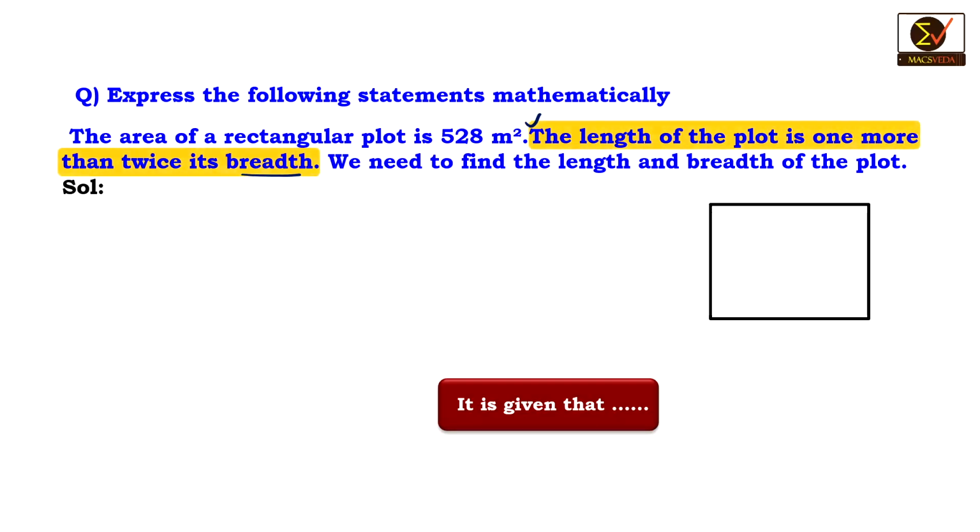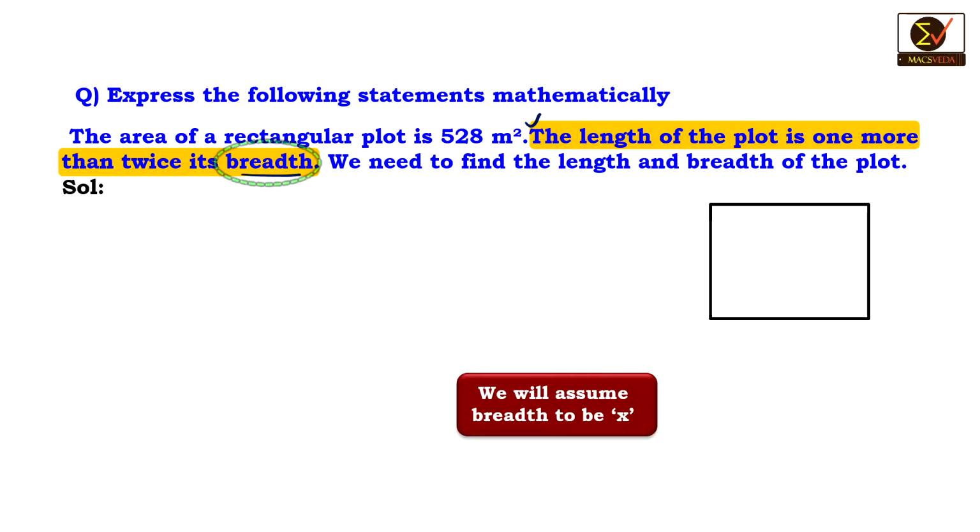Now it is given that the length of the plot is 1 more than twice its breadth. So length is given in terms of breadth. So what we do here is we will assume breadth is equal to some variable x, because length in terms of breadth is given. So let us say breadth is equal to some x.